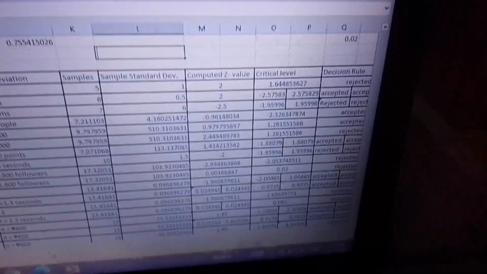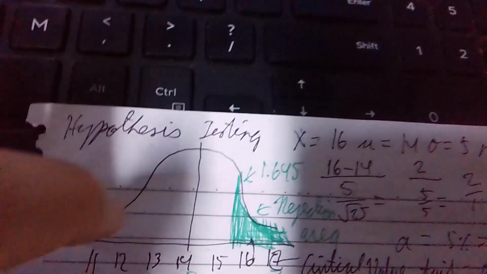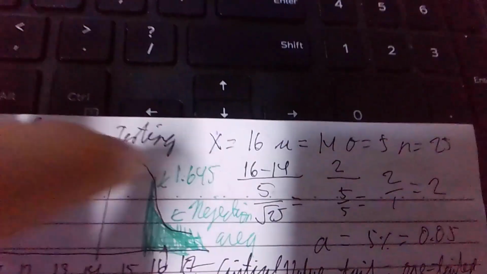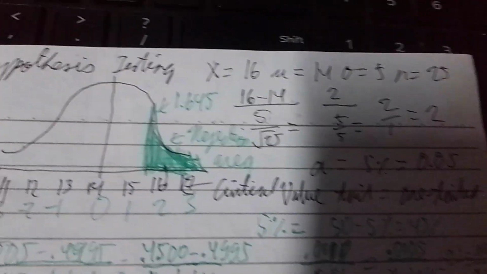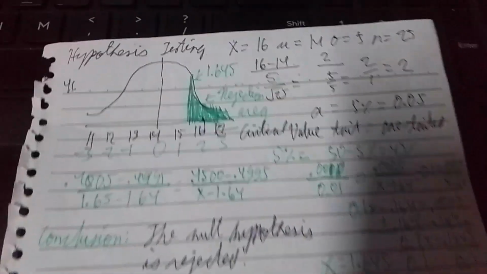But since it's 95%, remember, we are using the right tail test. From here, if we use our z table, this is supposed to be 45%, and this is 50%. So 50 plus 45 equals 95%. And this is the 5% where the rejection region happens. So now we have 5%, which is the rejection region. It implies the areas underneath the normal curve.